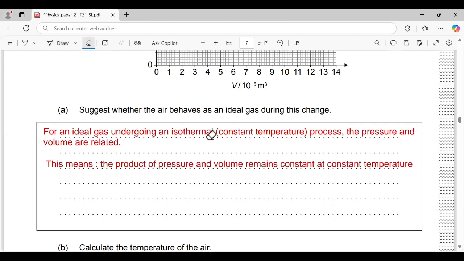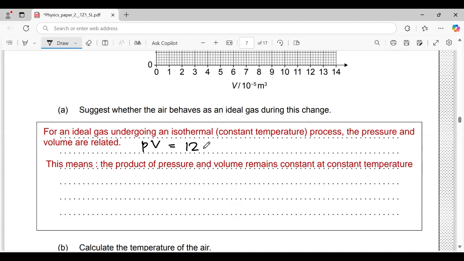The formula is PV equal 12. This means the product of pressure and volume remains constant at constant temperature.